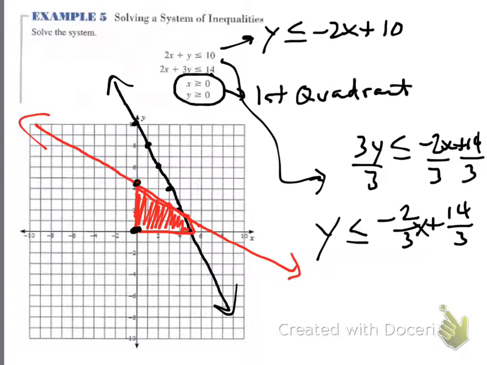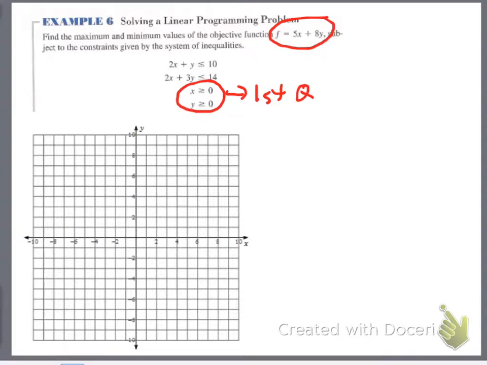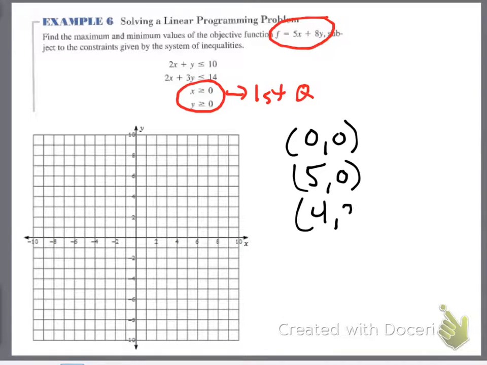Now, here's what you need to do. You need to find the coordinates of all the vertices of that shape. So you've got to do your intersect function and your zero function. Your 4 points here are 0, 0; 5, 0; 4, 2; and 0, 4.67, or 4 2/3.